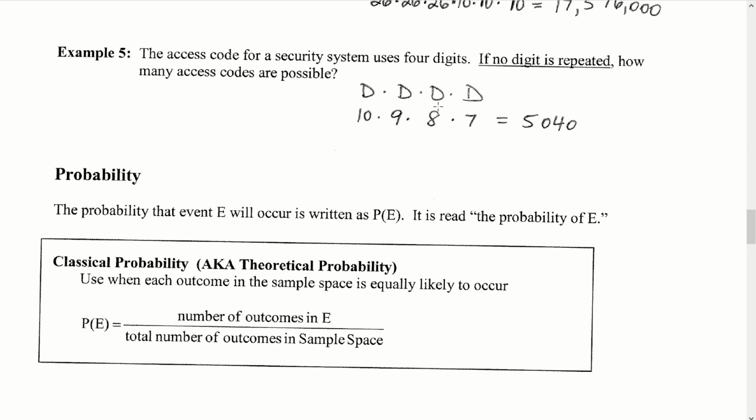So now we're down to 8 possibilities for the third digit. Similarly, when we get to the last digit, we can't use any of the previous 3. So now we're down to 7 possibilities for the last digit. Altogether, the total number of passcodes that could be possible would be 10 times 9 times 8 times 7, and that's going to be 5,040.